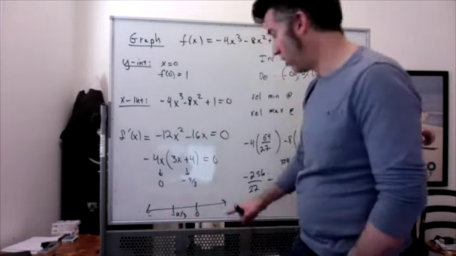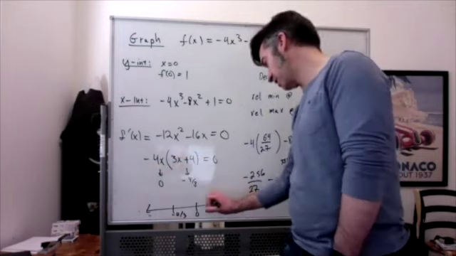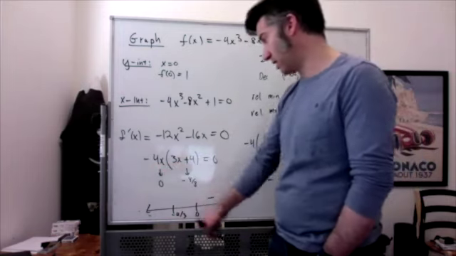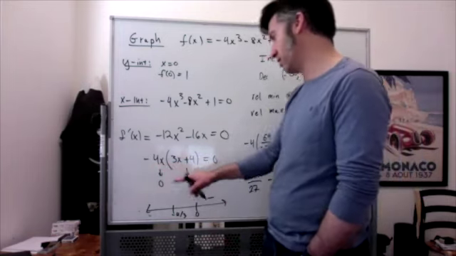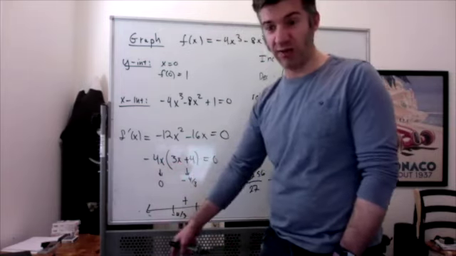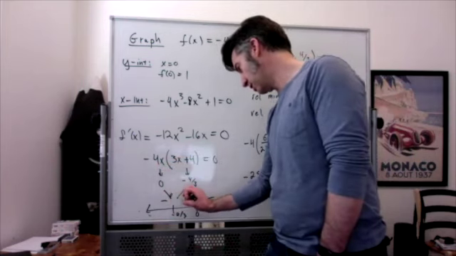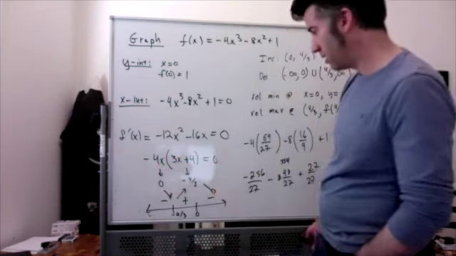So now if I pick a number larger than 0, like 1, negative times a positive is negative. Pick a number between, like negative 1, positive, positive. Pick a number very negative, like negative 10, positive, negative. So it's decreasing, increasing, decreasing.